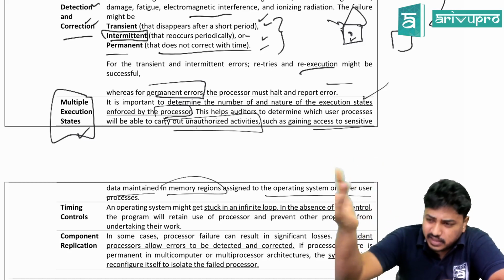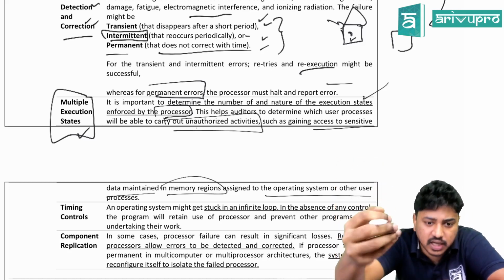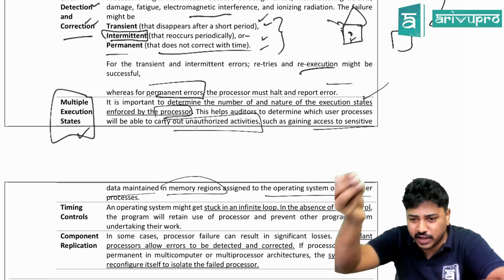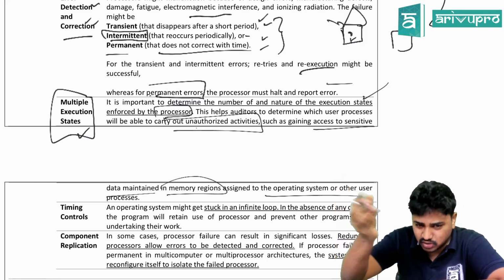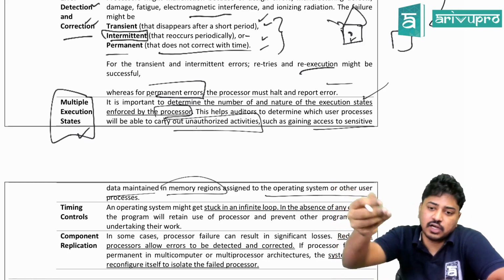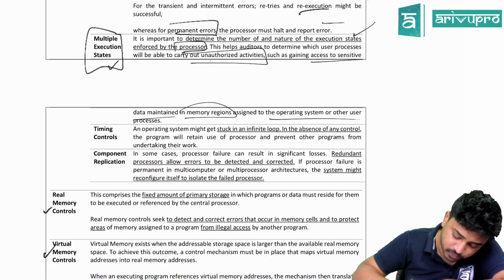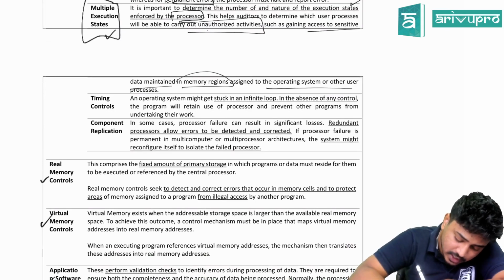What they are saying is, it will help you identify which programs are running that are unauthorized and gaining access to your memory. Your data is all in the memory, right? So anything running behind to gain memory, find it out. That is what they are trying to say. Are we clear? Done.